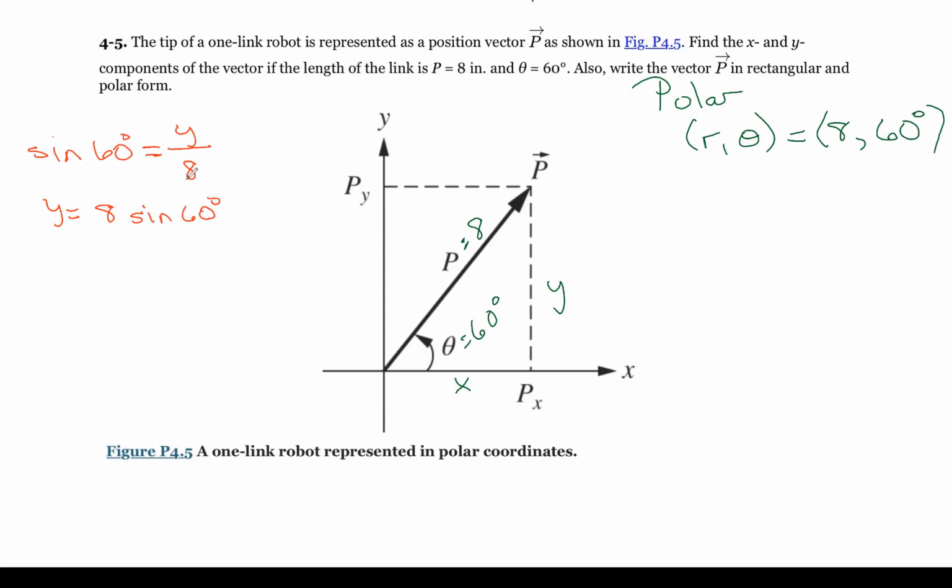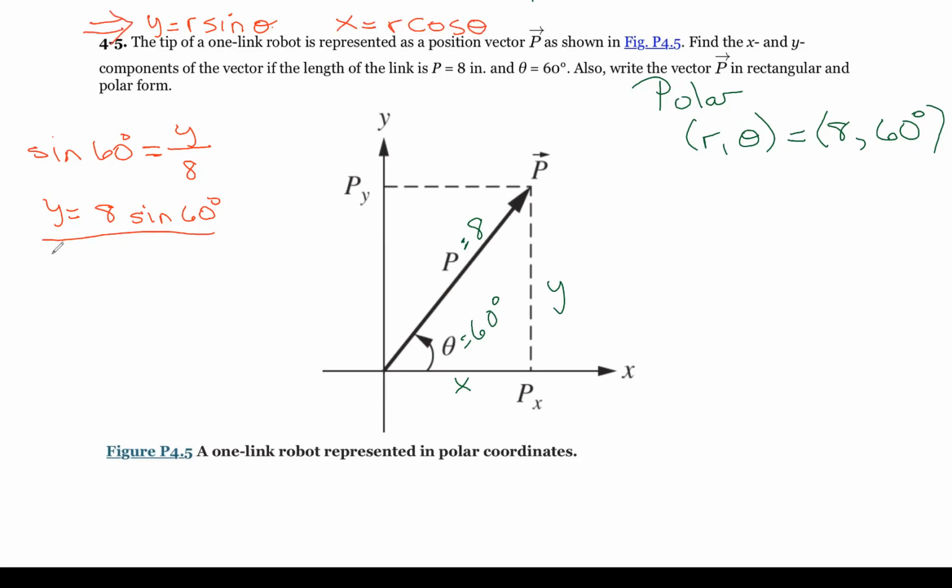And honestly, when we do polar and vectors, we could just say y is equal to r sine theta and x is equal to r cosine theta.